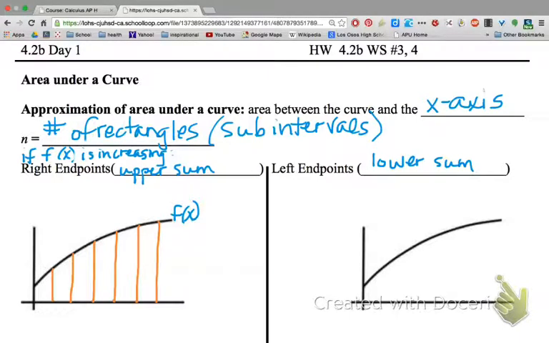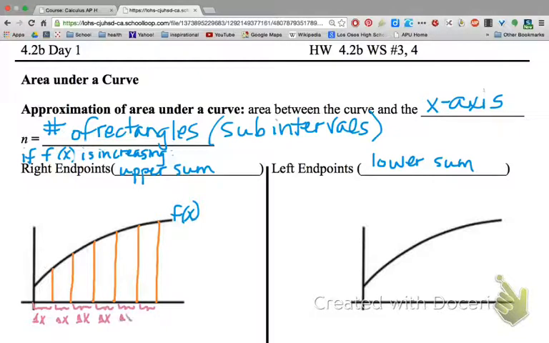So very important first that you make sure that each of these distances between your subintervals is exactly the same amount. So this spacing is very important. And since it's on the x-axis, we're going to call this delta x. So I want to make sure that delta x is the same amount every single time.